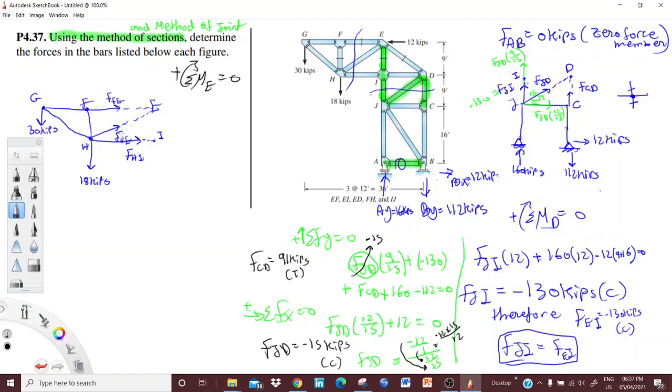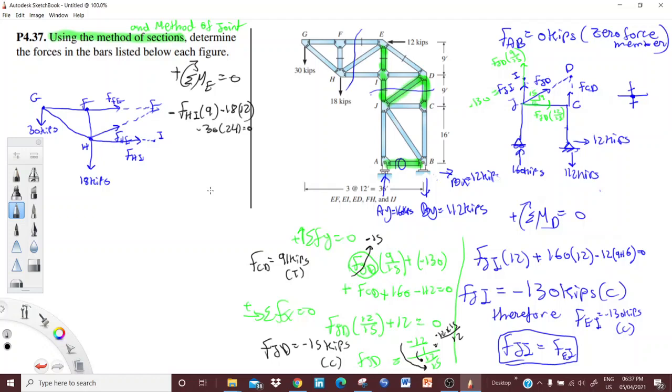Or you can use summation of moment at H. To find HI, it is counterclockwise, minus HI times its perpendicular distance, which is 9. And you have negative 18 times its perpendicular distance, which is 12, and negative 30 times 24, equal to 0.